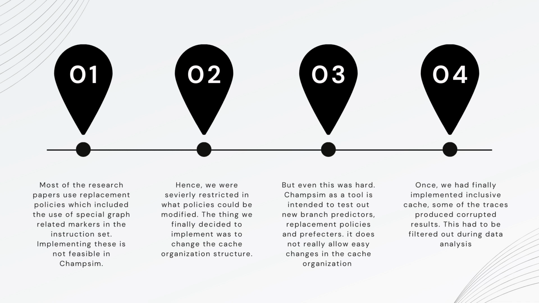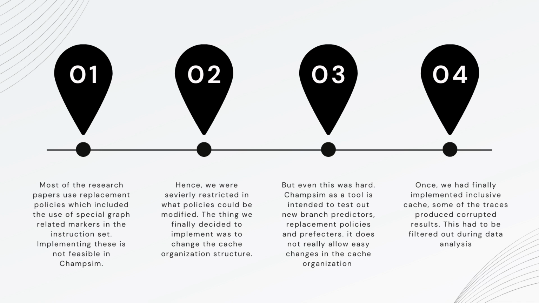So we were really limited as to what we could do. One option was implementing some basic replacement policies, but we could not find papers on that. So we were left to make our cache organization inclusive or exclusive and experiment with that. But again, ChampSim as a tool is more suited towards testing new prefetchers, branch predictors or replacement policies.